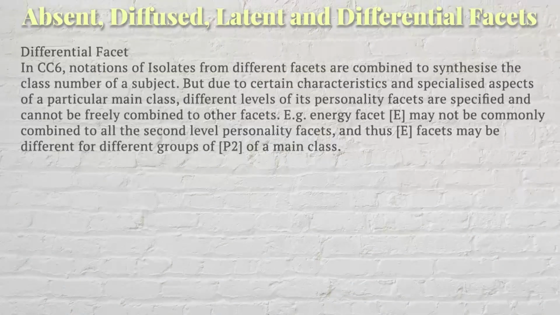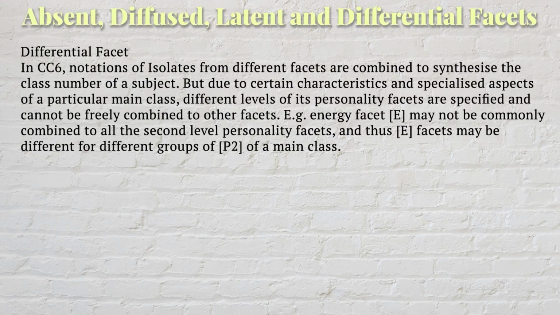Now, what is a differential facet? In CC 6th edition, that is Colon Classification 6th edition, notation of isolates from different facets are combined to synthesize the class number of a subject. But due to certain characteristics and specialized aspects of a particular main class, different levels of its personality facet are specified and cannot be freely combined to other facets.